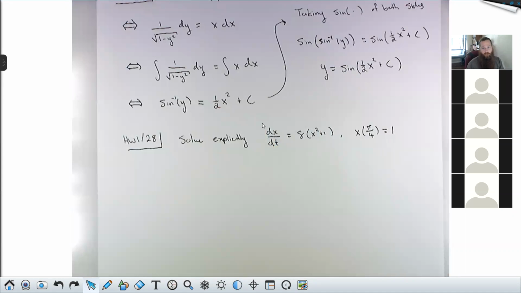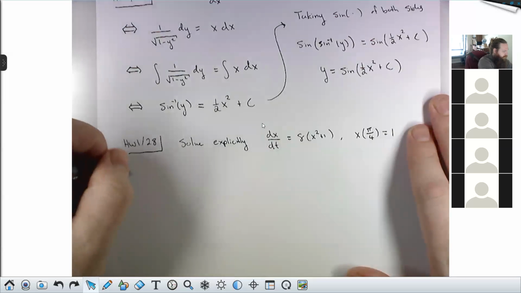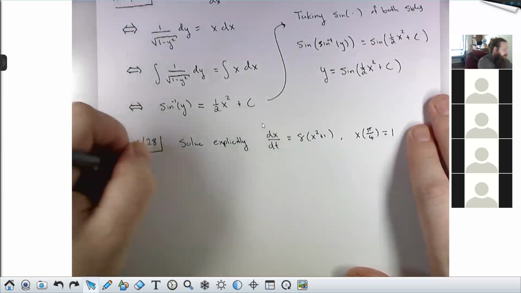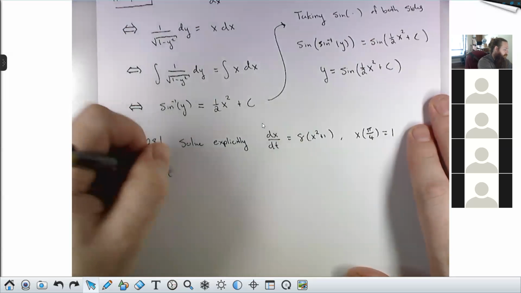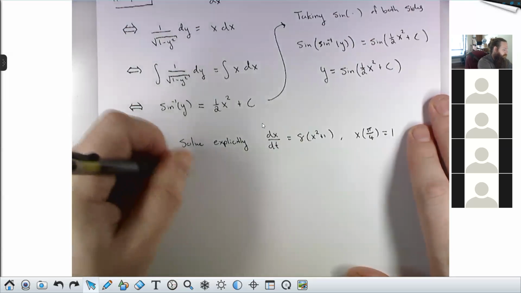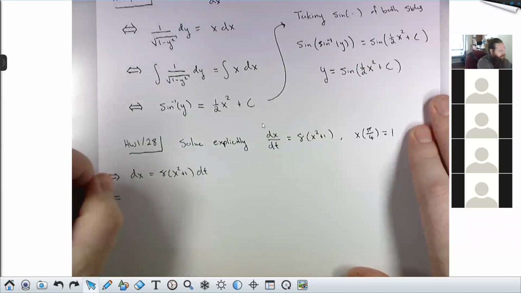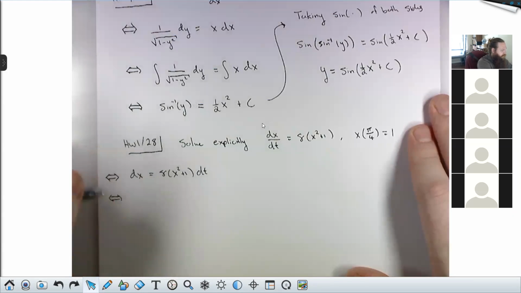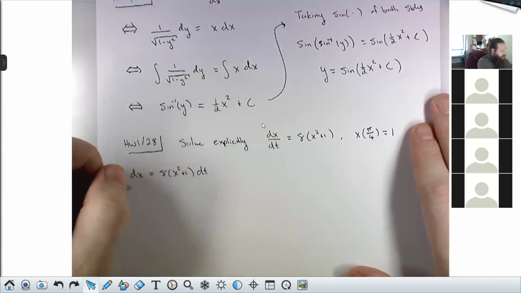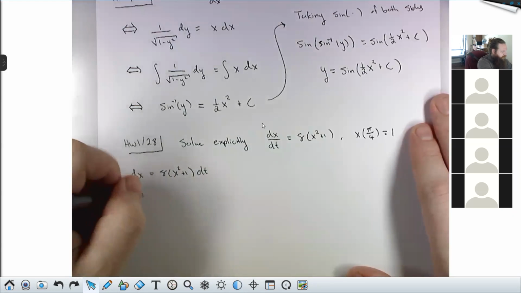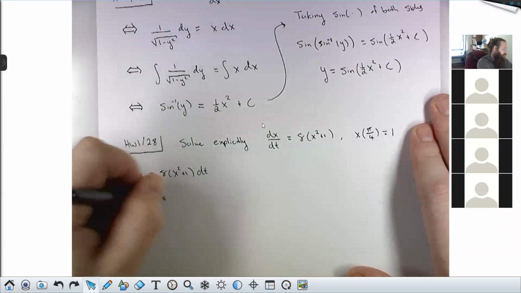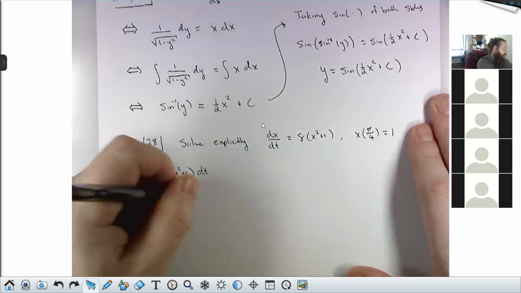There are no y's here, right? So I can rewrite this as dx equals 8 times x squared plus 1 dt. And then dividing both sides by x squared plus 1, I get 1 over x squared plus 1 dx is equal to 8 dt.